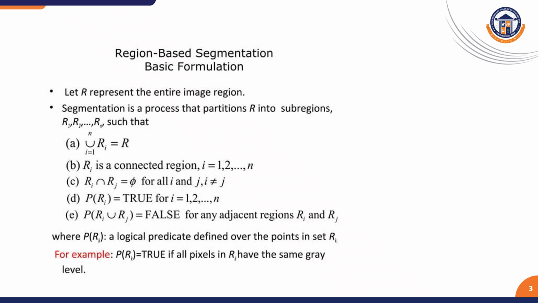So for region-based segmentation, the basic formulation is given here, where R represents the entire image region.